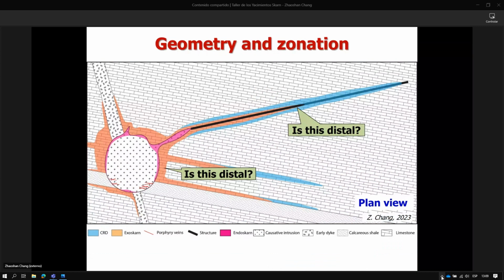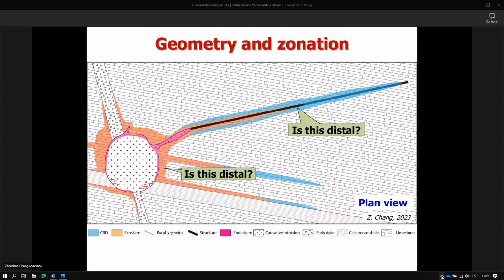And here, you have the same wollastonite zone, but this one is only 30 meters from the intrusion. So do we still call it a distal skarn? Well, compare with this, that's distal. But compare with this, it's not like this anymore.